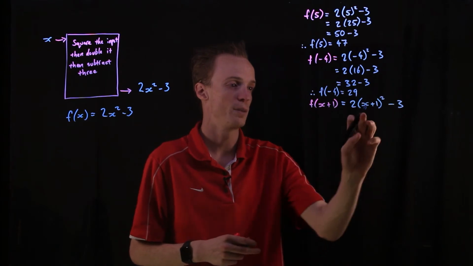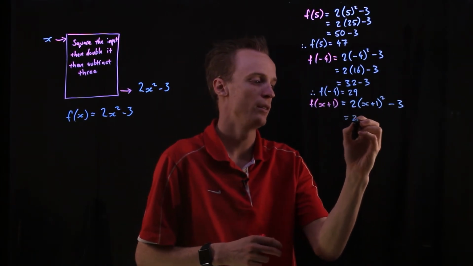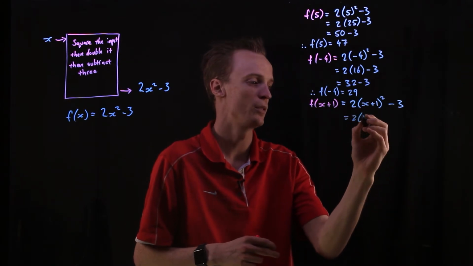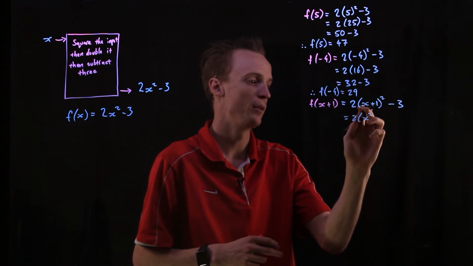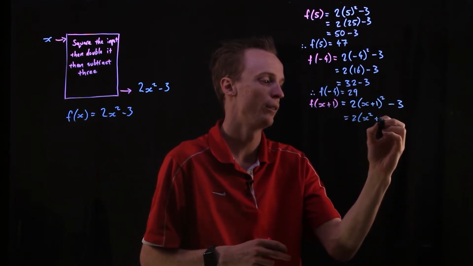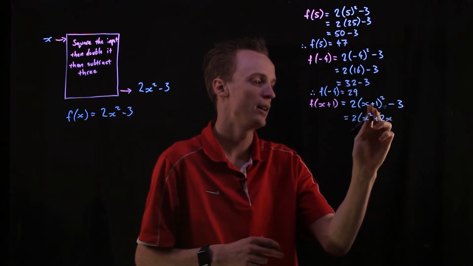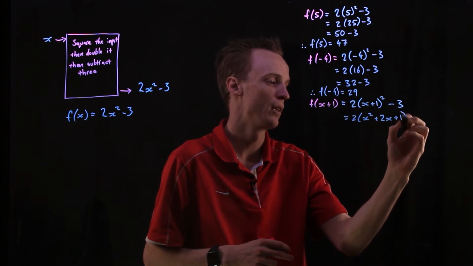So now I've got to expand these brackets first, and I've got a perfect square here. This will be my first term squared, which is x squared, my two terms multiplied with each other, which is just 1x, and then double it, so 2x. Then my last term squared, which is 1 times 1, or positive 1.